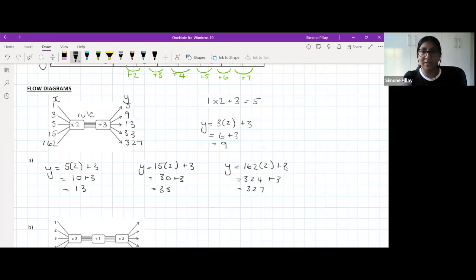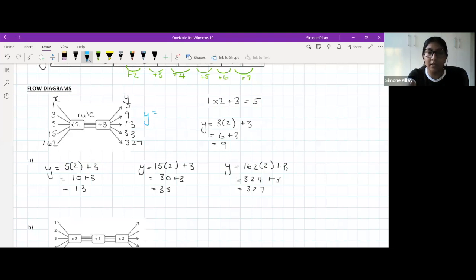Okay, and there we have our flow diagrams. Now, what I want you guys to see is you also learned about writing out the rules. So when we had to write this rule, look at what I was actually doing. I can write a general rule for this flow diagram by saying y equals, and what was I doing here?